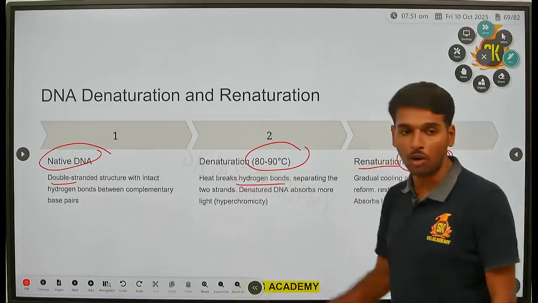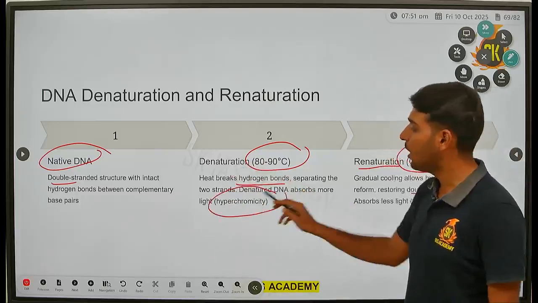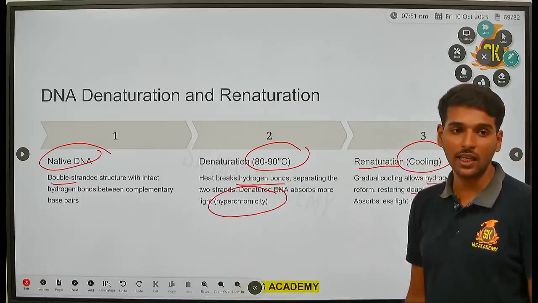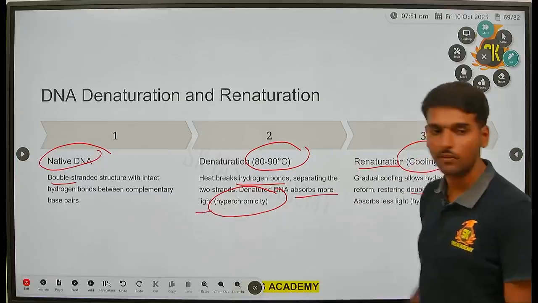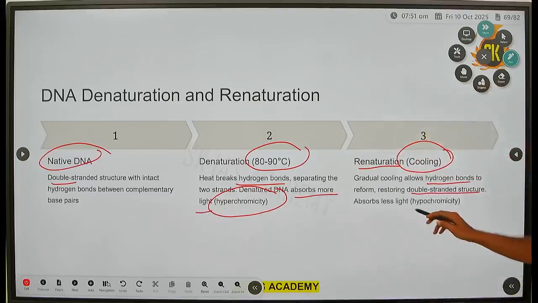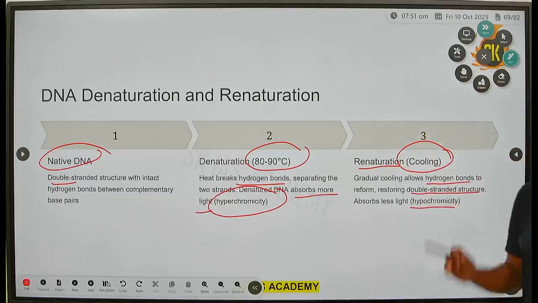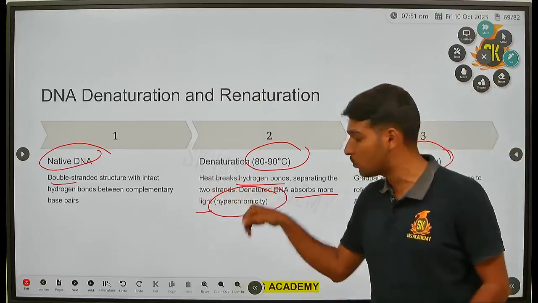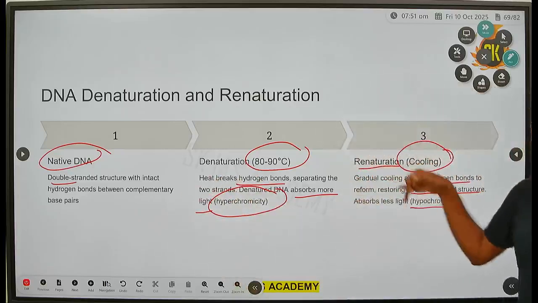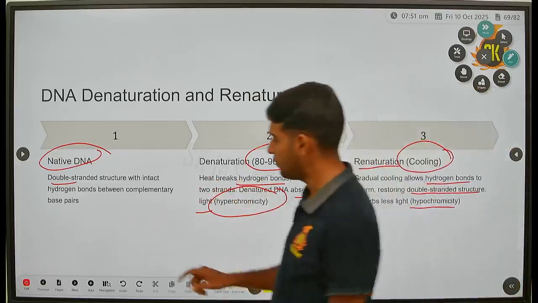Now, this denatured form has hyperchromaticity. It absorbs more light. This is hypochromaticity, absorbs less light. So we have seen what denaturation is, its property, renaturation, its property.